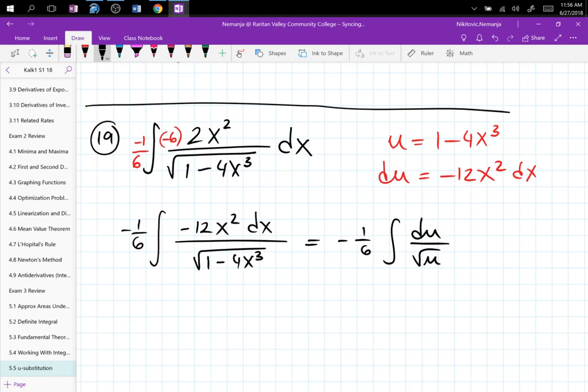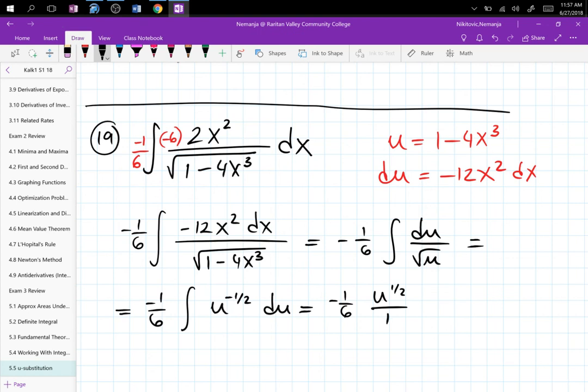And please, when someone tells you, what do you know? Right? So now, -1/6 integral of u to -1/2 du. We add 1, so that's going to be +1/2. So I have -1/6 u to the +1/2 divided by 1/2.